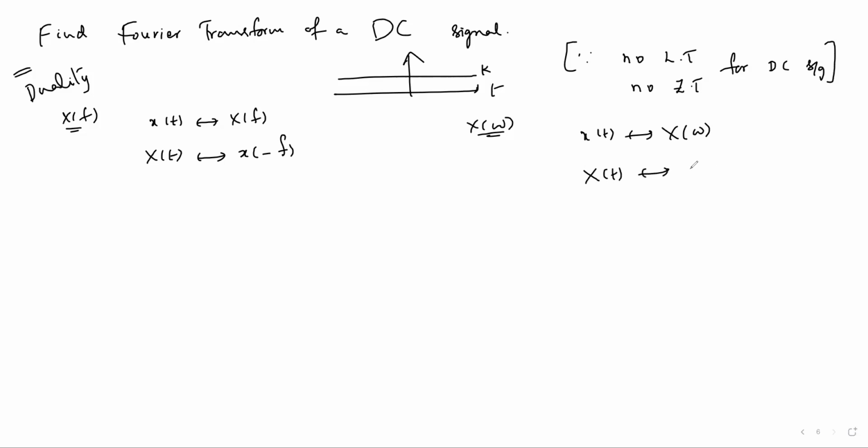See, only the signal is exchanged here. Always the left side is time domain, the right side is frequency domain. t should be here itself, omega should be here itself. Only the dependent variable signal can be exchanged. Fine.